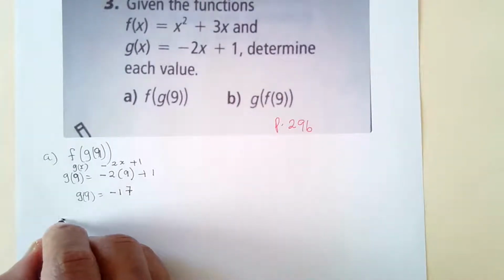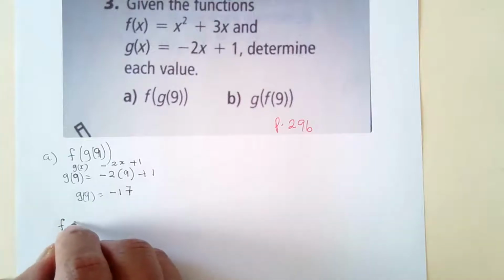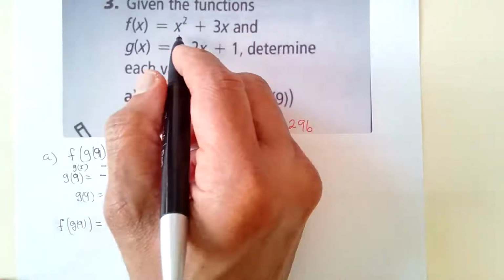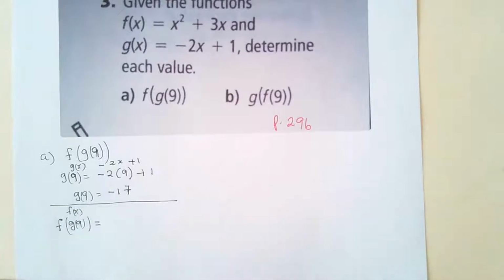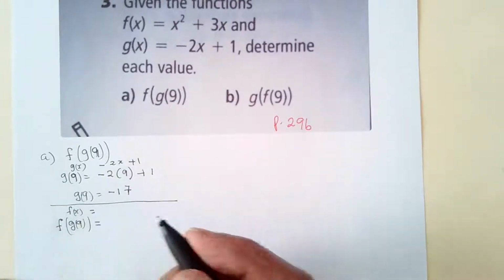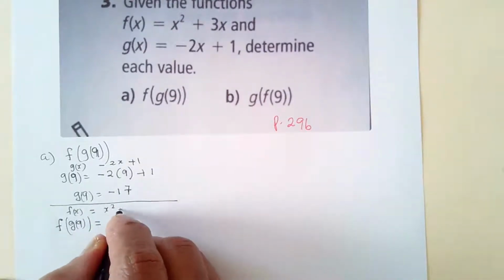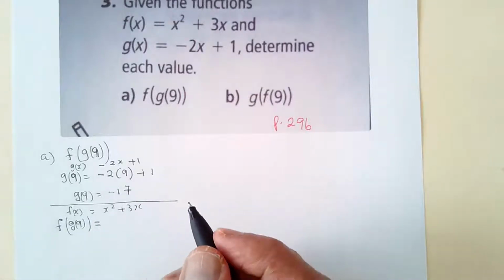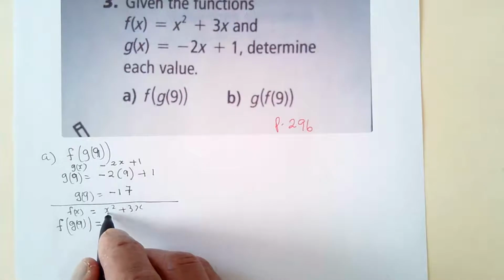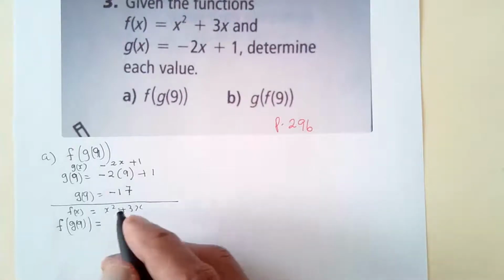Now, f of g of 9, go to my x squared. So if I were to write f of x here, which is equal to x squared plus 3x, I'll then substitute negative 17 for x.